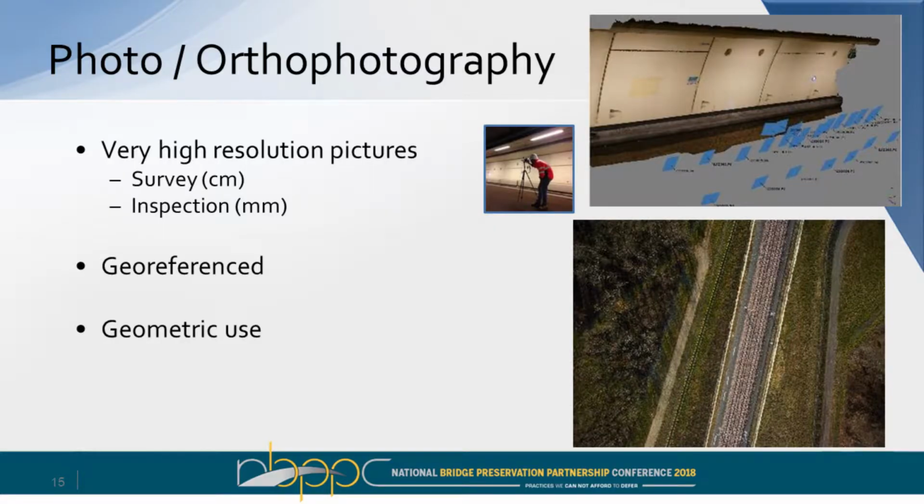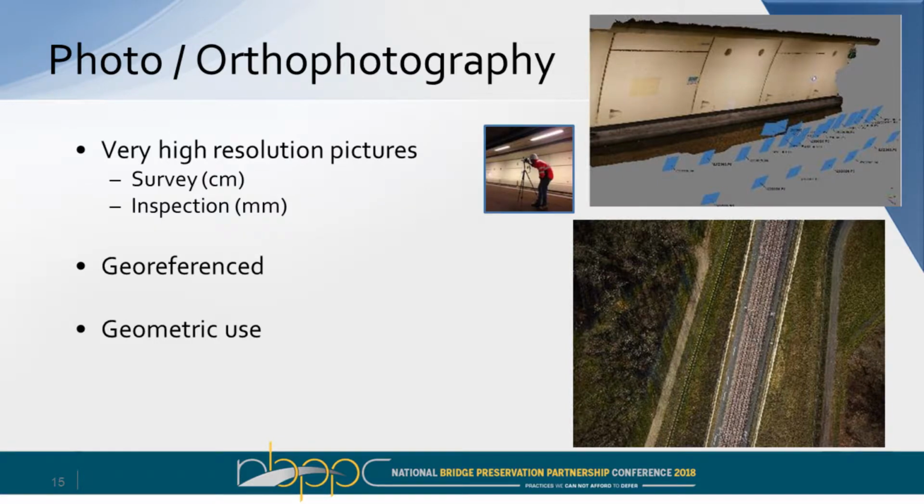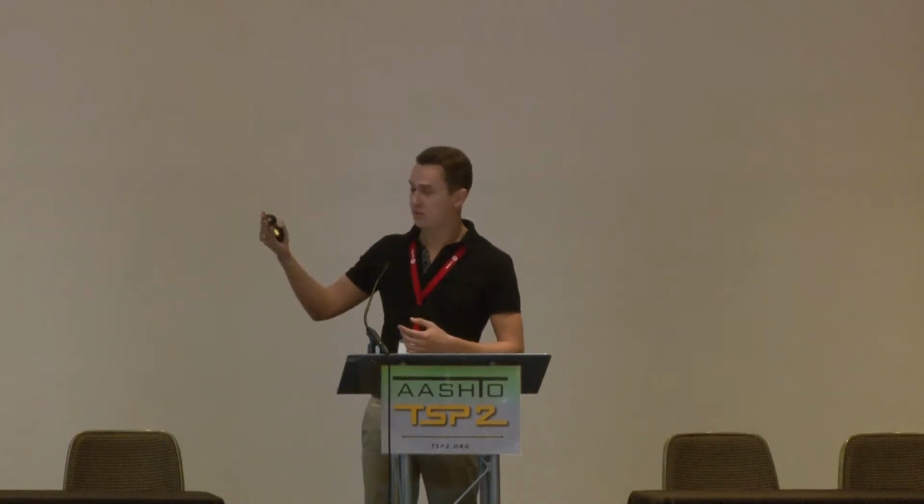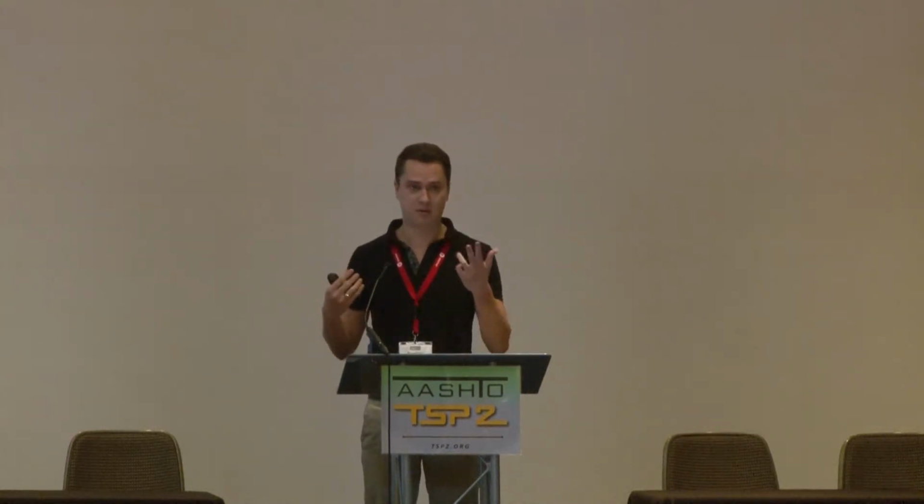For the photo or orthophotography, these are very high resolution photos. Again, if you're just doing an inventory survey, a centimeter resolution should be fine. But when we're doing something more like inspections for cracks, you really want to get to the millimeter level. This upper right photo gives you an example of how many photos we would have taken and then you stitch together using that geometrical correction to make sure that it produces an image which reflects what you're actually seeing visually on site.